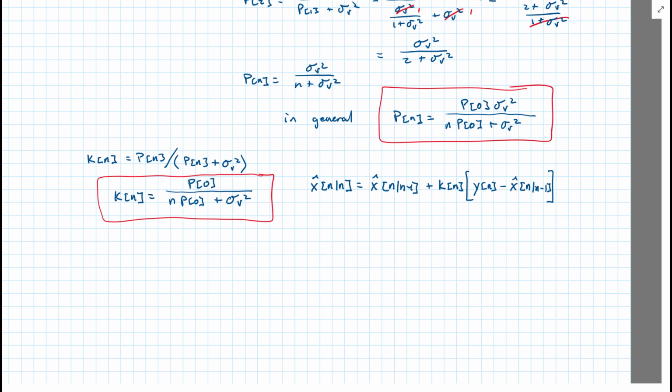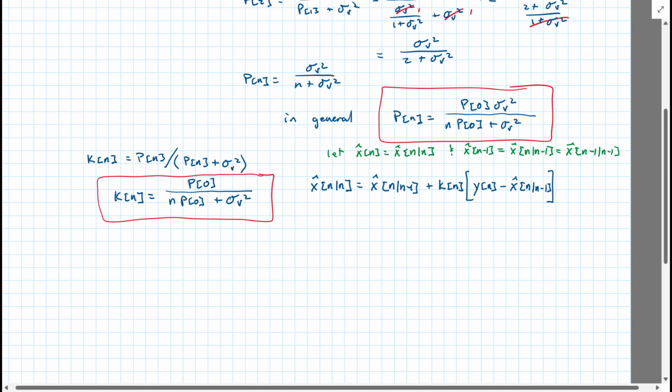And we're going to do the same trick we did before, which is that since x hat of n given n minus 1 is the same as x hat of n minus 1 given n minus 1, let's go ahead and change this by letting x n equal x hat n given n, and x n minus 1 would be x hat n given n minus 1, which is just equal to x hat of n minus 1 given n minus 1.